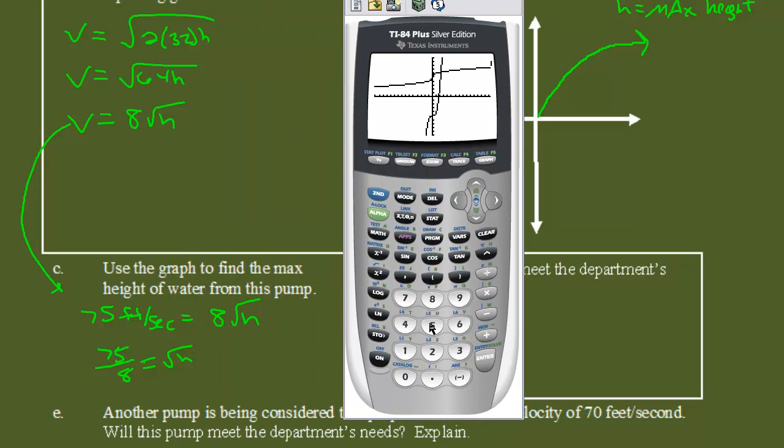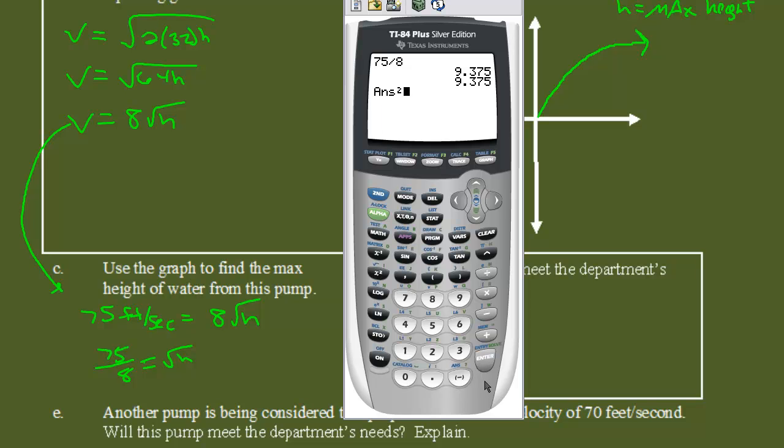75 divided by 8 is 9.375, which is 9 3/8. And then I'm going to end up squaring that. So I'm going to hit second answer, which means you're going to take the previous answer in the calculator and throw it up there. Throw it up, not as in vomit, but as in it's going to use that number.